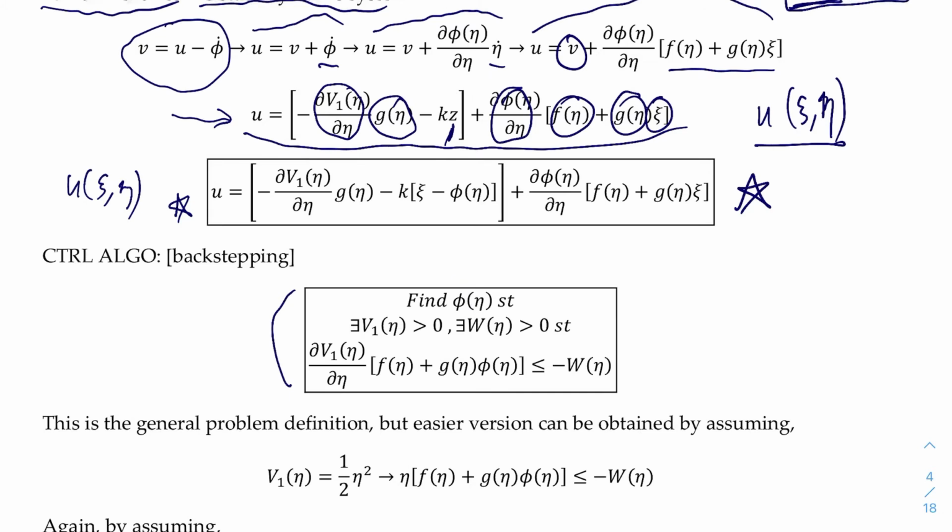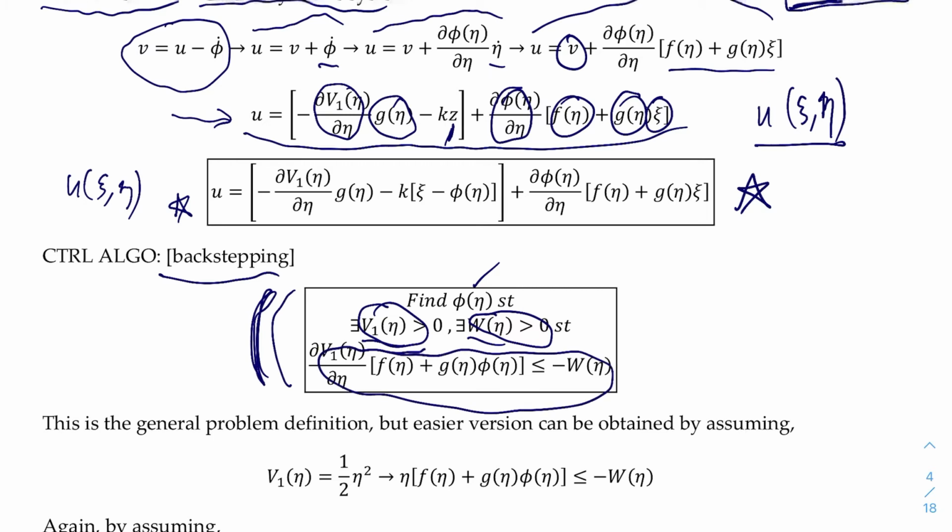What I'm trying to say here is that the backstepping control problem can be stated in this fashion: find phi, v1, w, such that v1 is positive, w is positive, this equality holds, right?